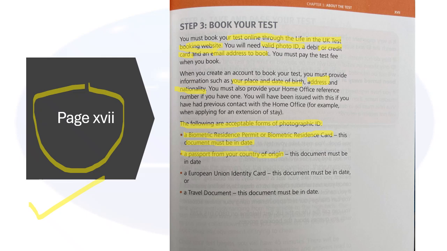This is the best document, I would say, but that also needs to be in date. The next thing, a European Union ID card. If you're from European countries, you must have a European ID card, and also it must be in date. No expired document can be used. Or a travel document which is also in date. So these are the only 4 types of acceptable documents that you have to take.